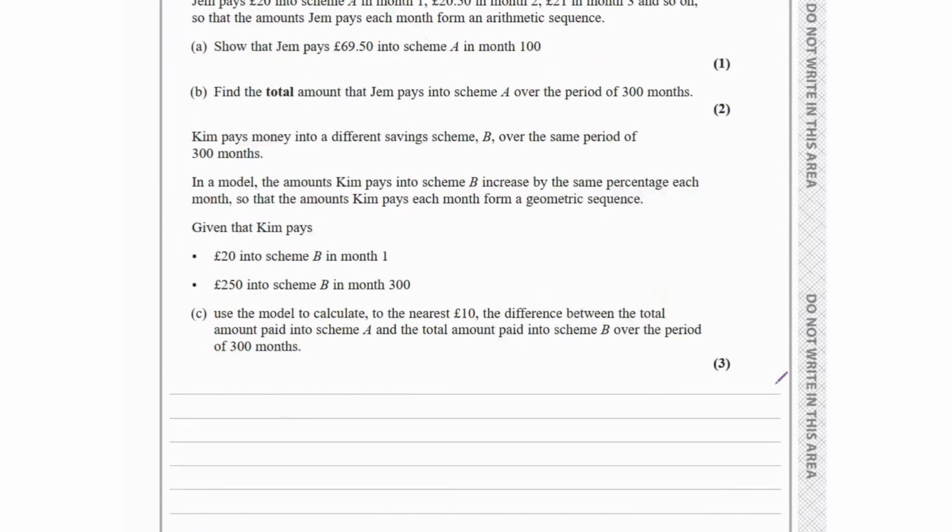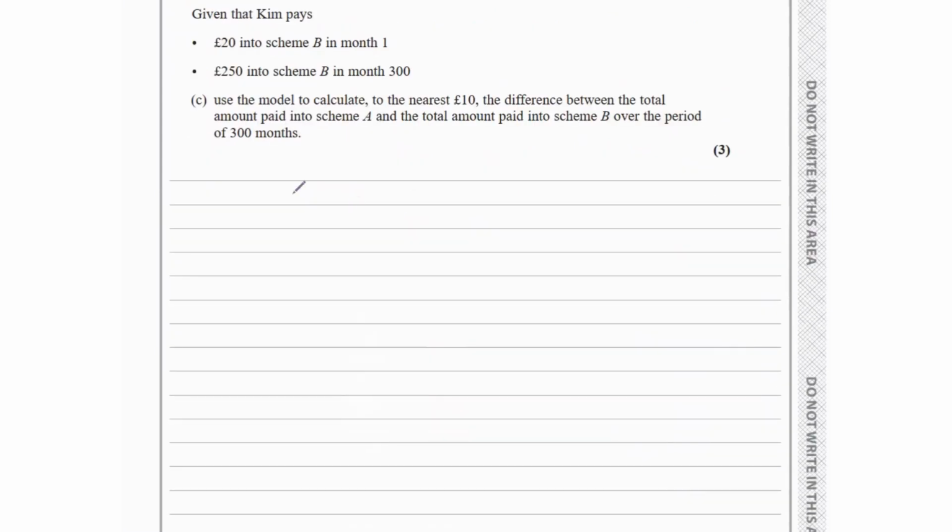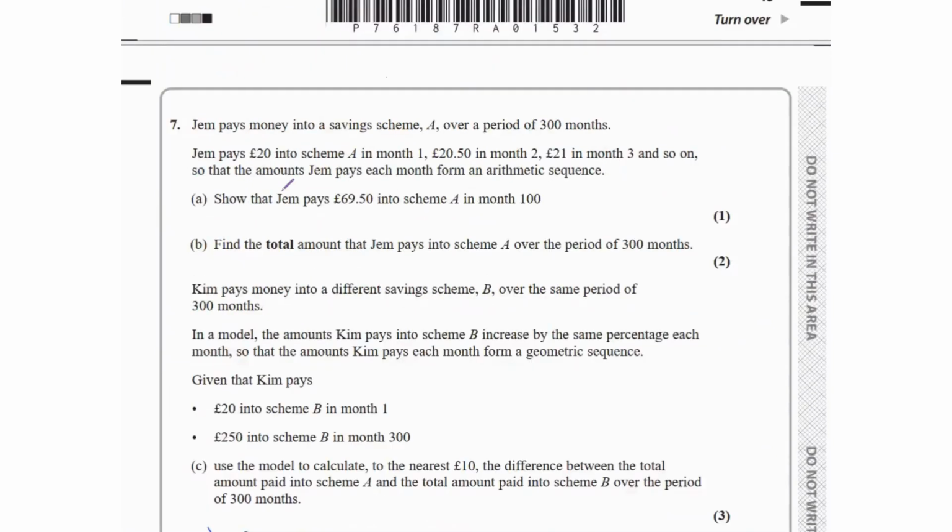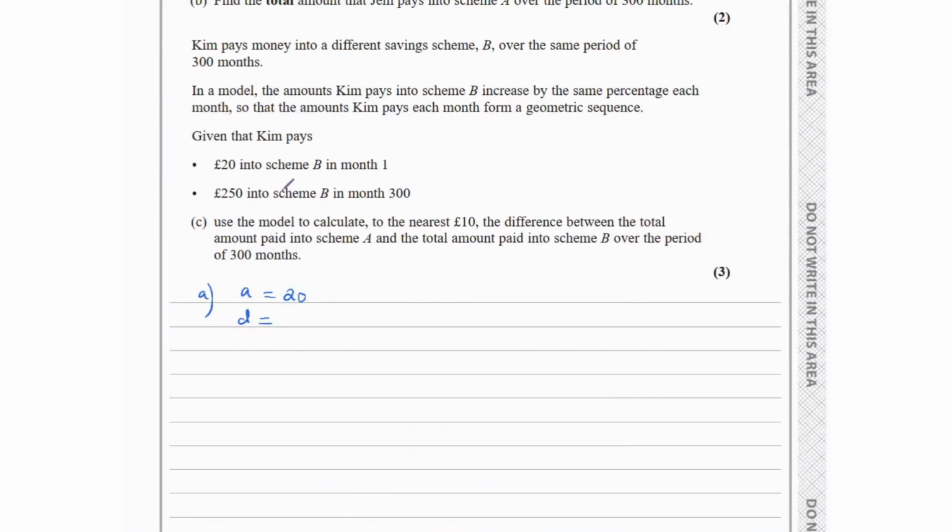So let's create our nth term equation first. A is given as 20. D is going to be 20.50 minus 20, which is 0.5. So Un is going to be a plus (n minus 1) times d.